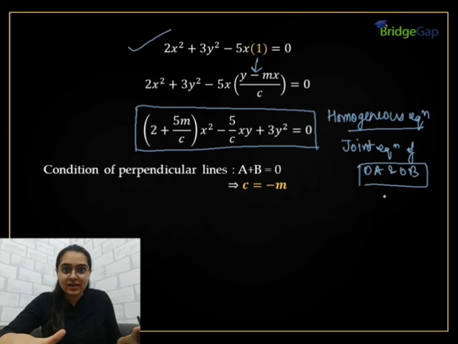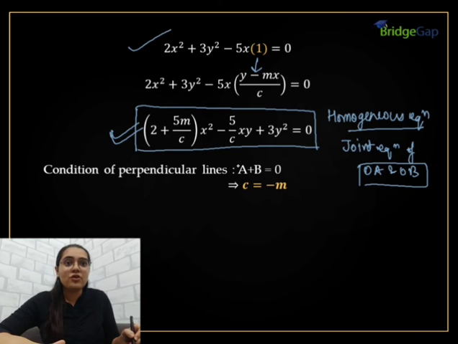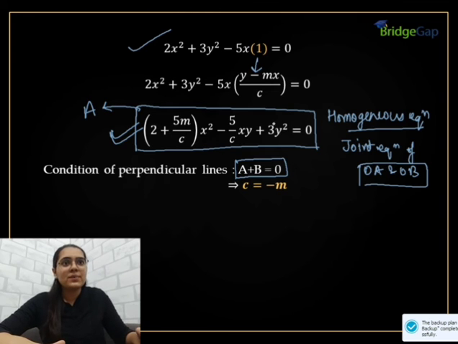Now we know it is given in the question that these OA and OB make a right angle with the origin. So if we know the joint equation of OA and OB, and we know that they are perpendicular to each other, now this is the condition of perpendicular lines. What are A and B here? A is the coefficient of x square, B is the coefficient of y square.